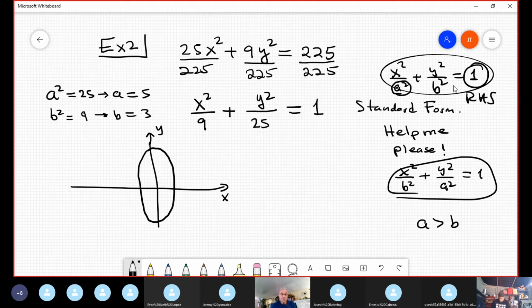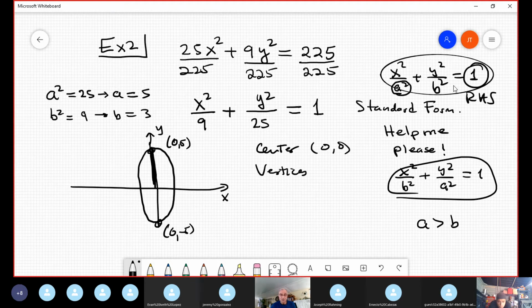Therefore, this distance is the semi-major axis. This point is the point (0,5). And this point is (0,-5). This is the vertex. One more time, the center in this example, again, is (0,0). And the vertices are located at the points (0,5) and (0,-5).